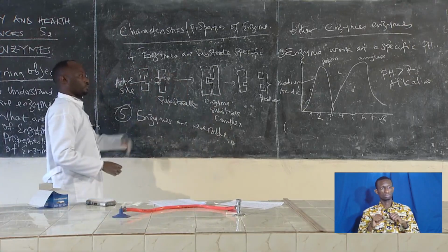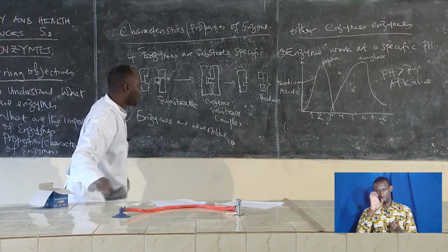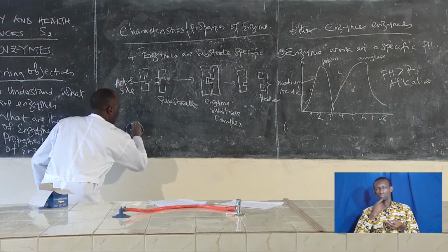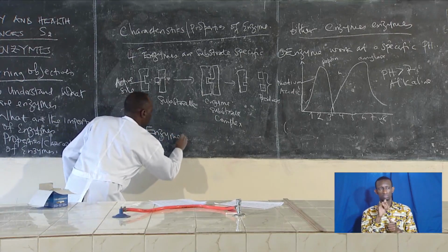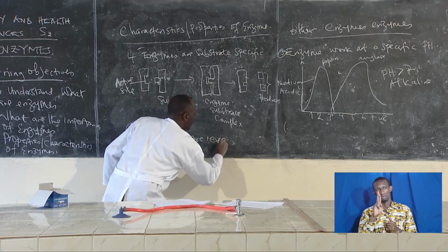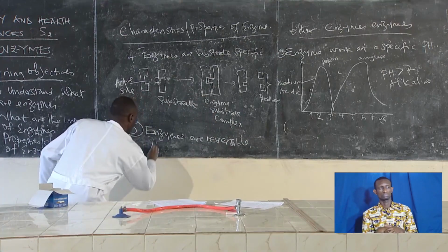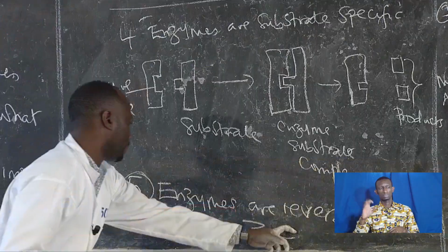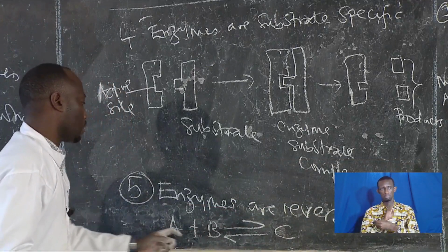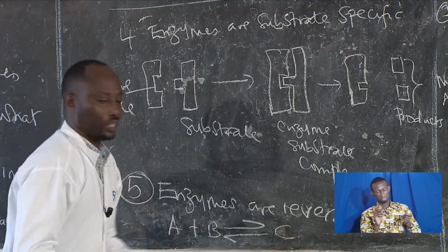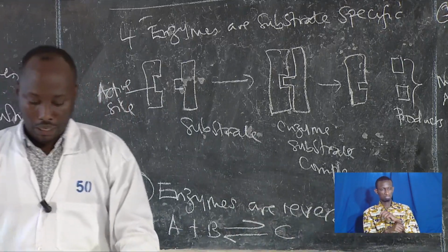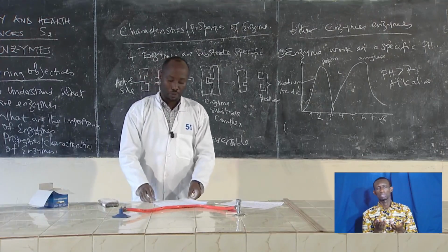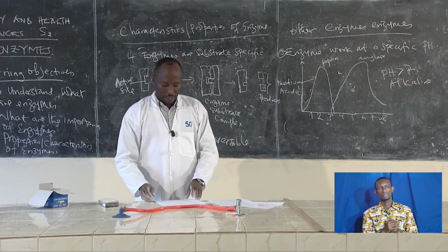If I say they carry out reversible reactions, for example, A plus B, with reversible arrows, gives C. C can be converted into A plus B, and A plus B can produce C. So enzymes are reversible. That means they can change a substrate into product and product back into the original substrate.